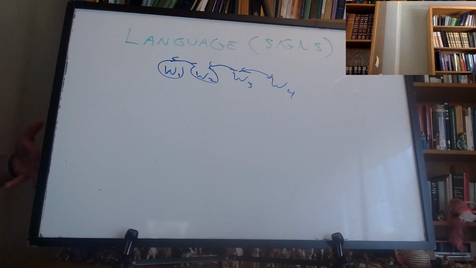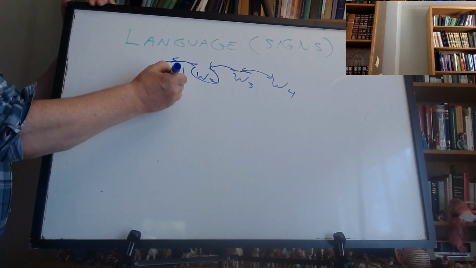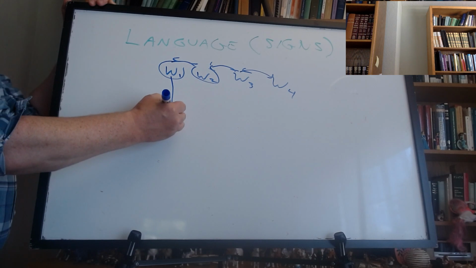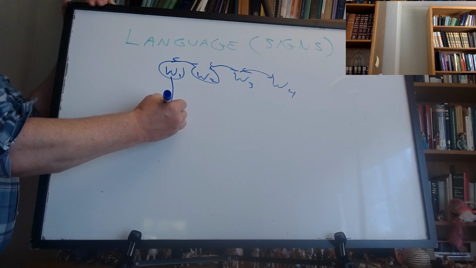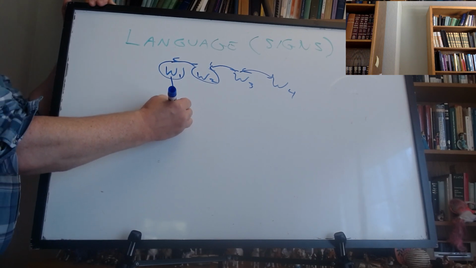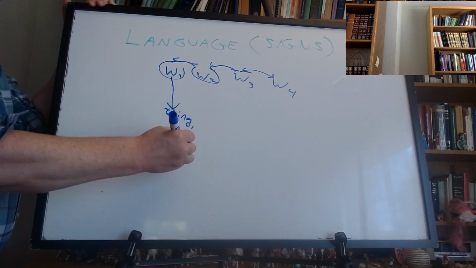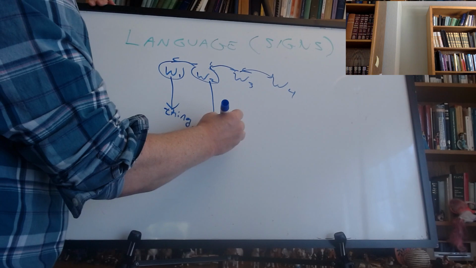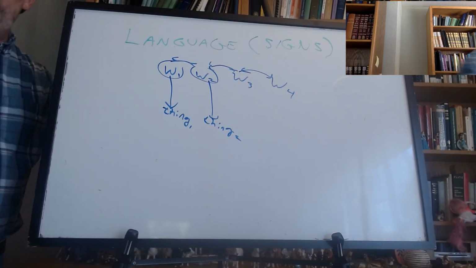So, for example, if this is a name, then it has to somehow be associated with the thing that it's a name of. Whereas this one's associated with thing 1, and this one's associated with thing 2.